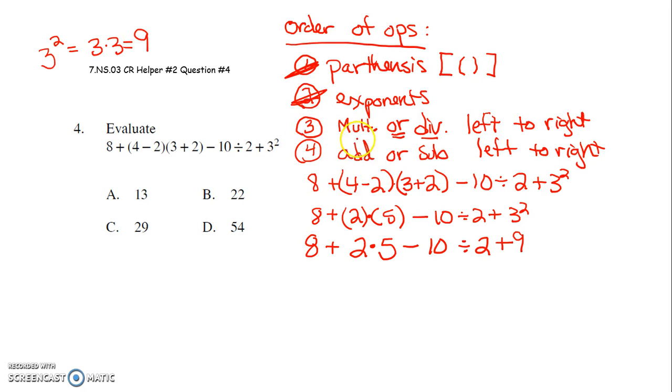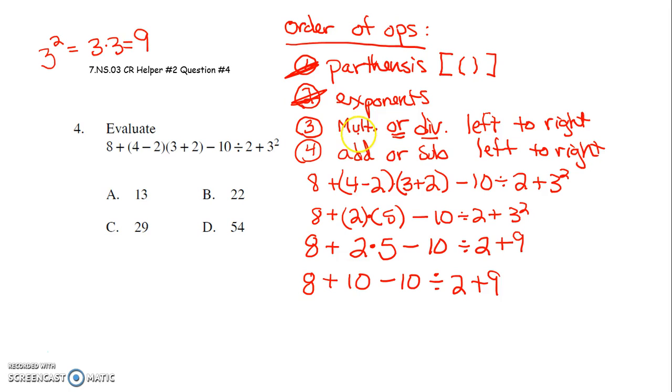Next step is multiplication or division left to right. So as I go left to right, all right, I hit a multiplication first. I'll handle that first. So I keep my 8 plus 2 times 5 is 10. I keep my minus 10 divided by 2 plus 9. Hopefully you can see I'm just taking it one step at a time.